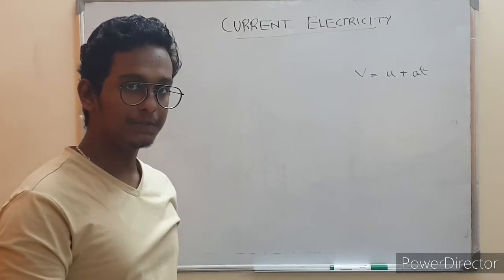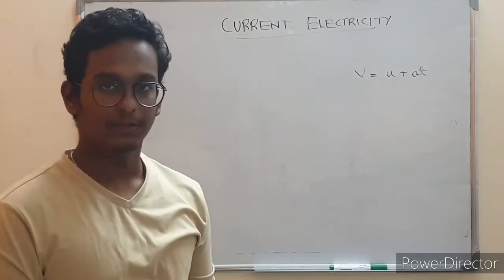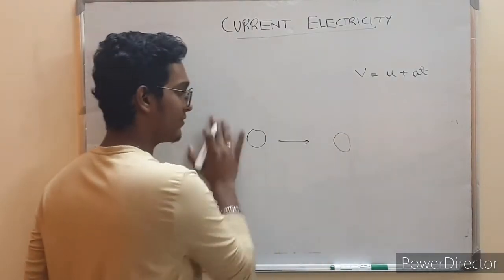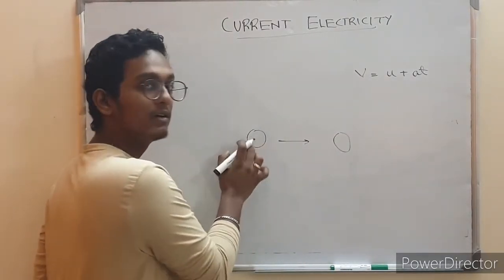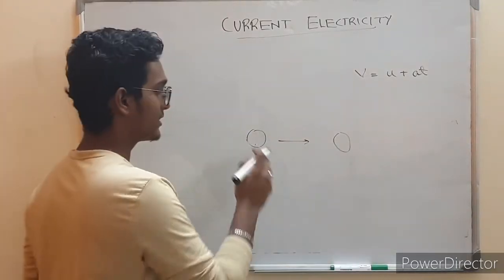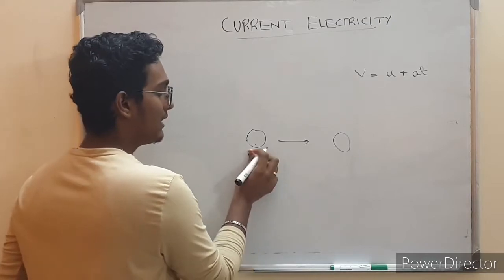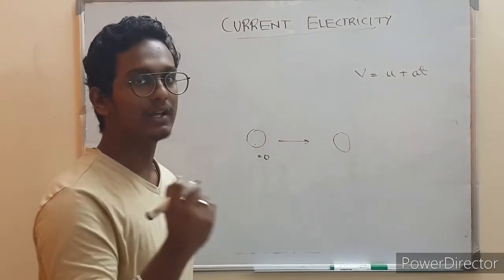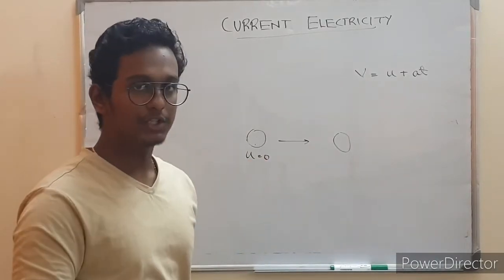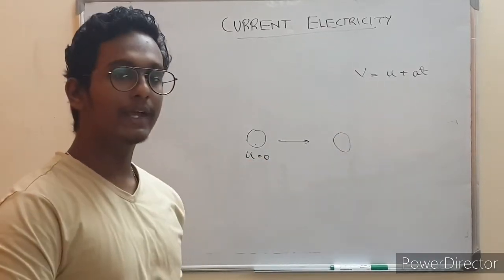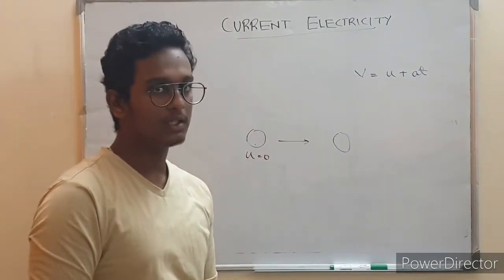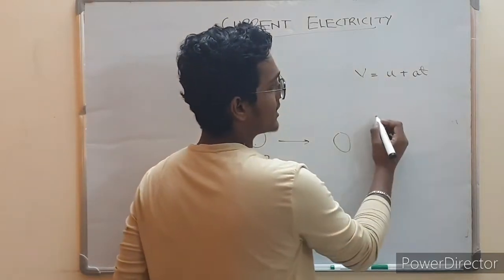So after collision, the initial velocity is going to be 0, because you have an electron colliding with another electron. This is the electron we care about. This is the one we are studying. So this electron collides with this. Immediately after collision, it is going to have velocity equal to 0. And this is the instant we are starting our observation. That means U, which is after collision, equals 0. It has to regain from 0 till its drift velocity by accelerating with the help of the external field. So U is going to be 0.